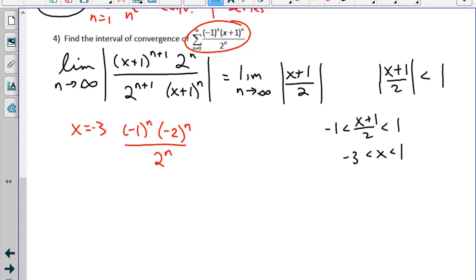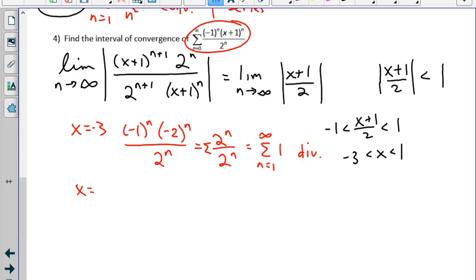And this is a little bit confusing, but notice that when you look at the numerator, they're both going to be positive or they're both going to be negative at the exact same time, because when n is odd, both of the numerator parts are odd and you multiply them together, it's an even. If n is even, then they both become even anyway. So this is basically the same thing as 2 to the n over 2 to the n, which is the same thing as the sum of 1 from n equals 1 to infinity, and that's going to diverge.